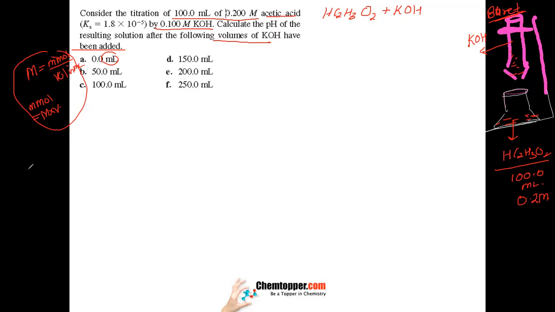Okay, so children, we are okay with the setup. We are ready for the titration calculations. We are going to carry out a chemical reaction of an acid with a base. What's the product here? Write the product of the acid-base reaction.